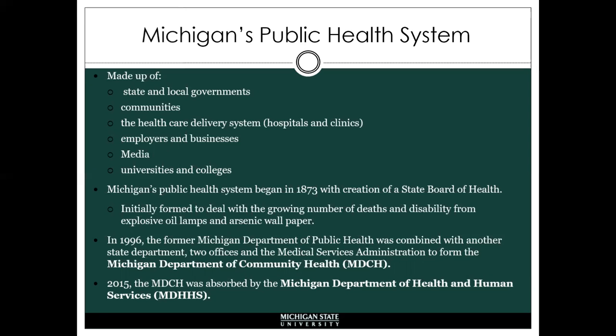So we weren't unusual in that respect. It's just an interesting reason to finally push us over the edge. In '96, the Department of Public Health was combined with some other departments, and the Michigan Department of Community Health was formed. And then in 2015, MDCH was absorbed by MDHHS. So it's really a huge, huge office now.